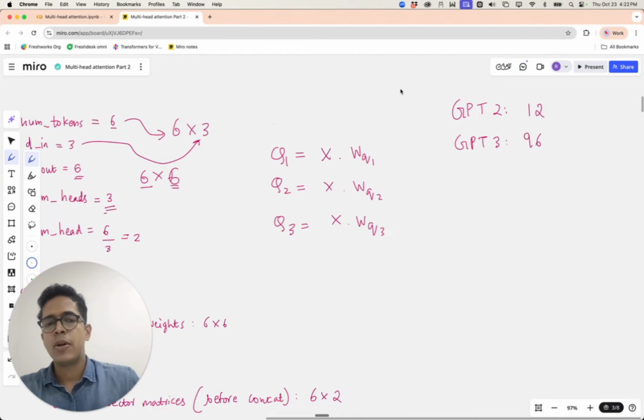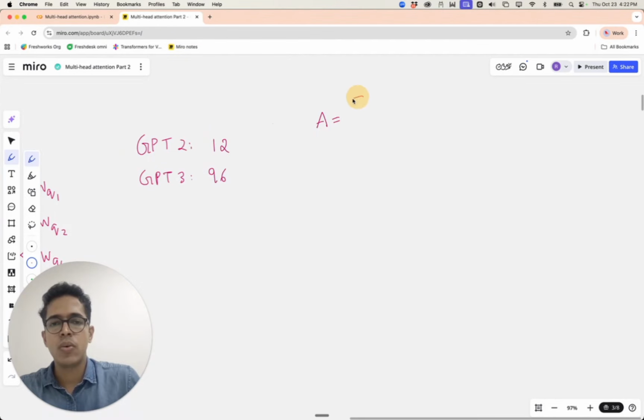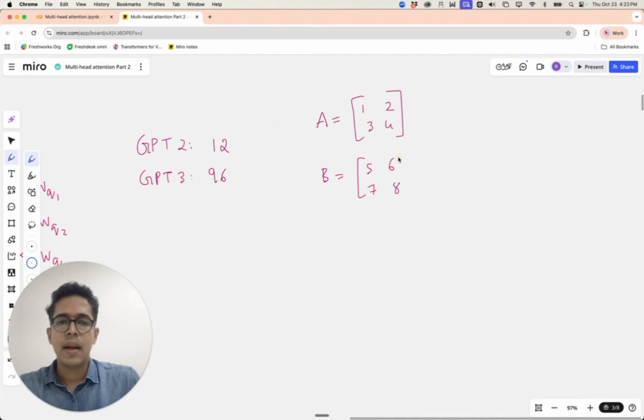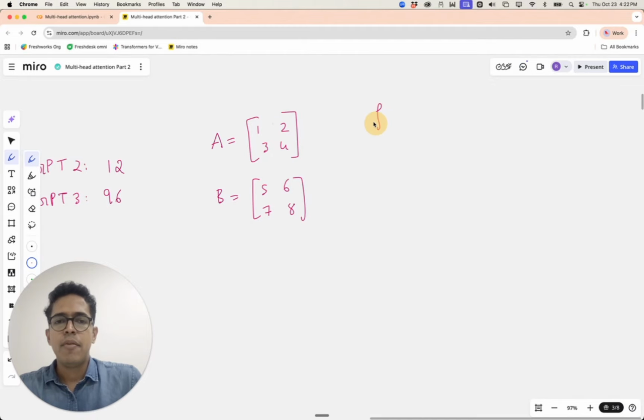The simplest example to understand this is considering matrix multiplication itself. So let's say A equal to 1, 2, 3, 4, B equal to 5, 6, 7, 8. And let's say I want to do matrix multiplication. The naive way to do this is for I equal to 1 to 2, for J equal to 1 to 2. We can also define a K if we want, for K equal to 1 to 2.